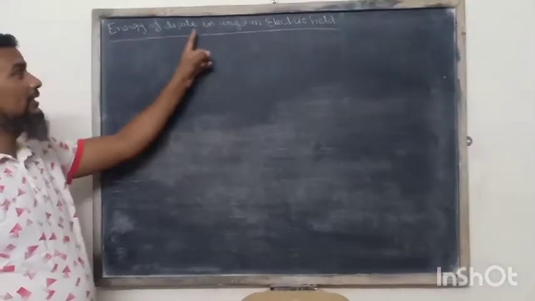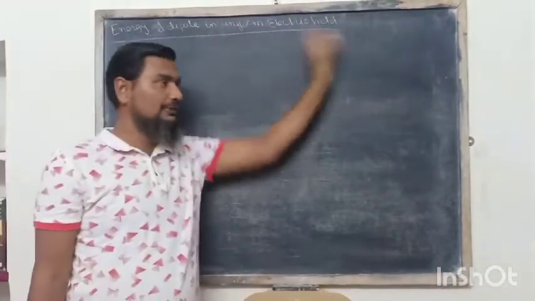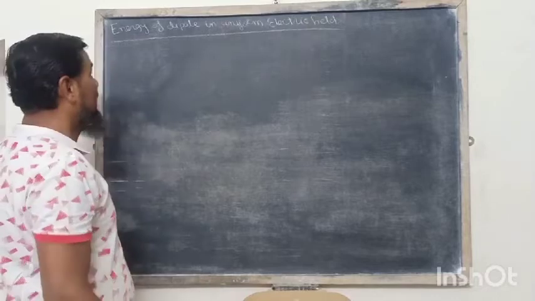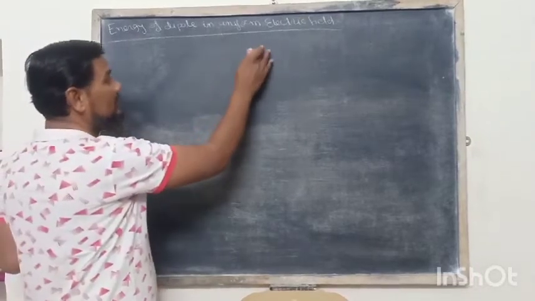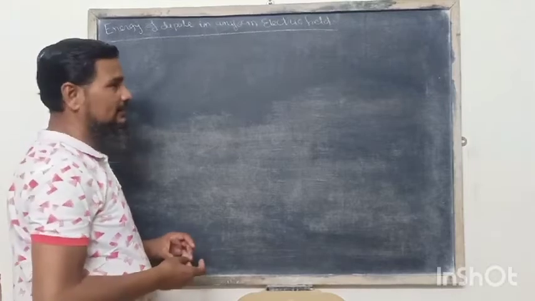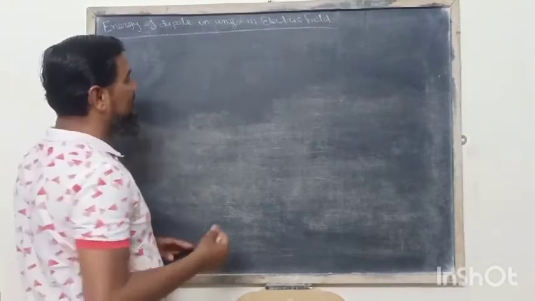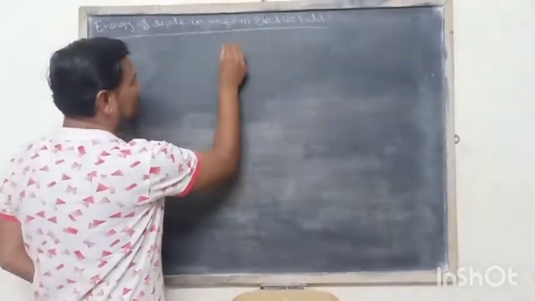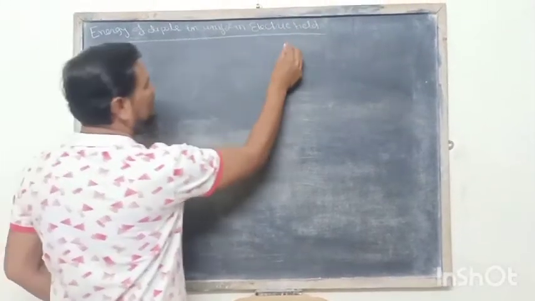Now, the energy of a dipole in a uniform electric field, for today's lecture. Sometimes it is discussed in the next chapter, but we shall discuss this derivation in this chapter. So again we consider a uniform electric field.